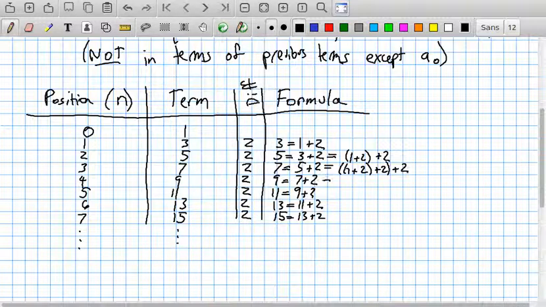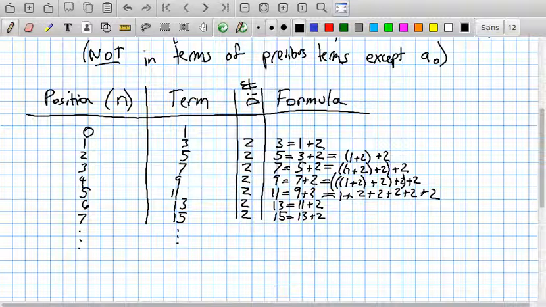Bet you can see what I'm doing here. How many 2's am I going to have? 1 plus 5 2's: 1, 2, 3, 4, 5. Yeah, this sort of gets obnoxious.